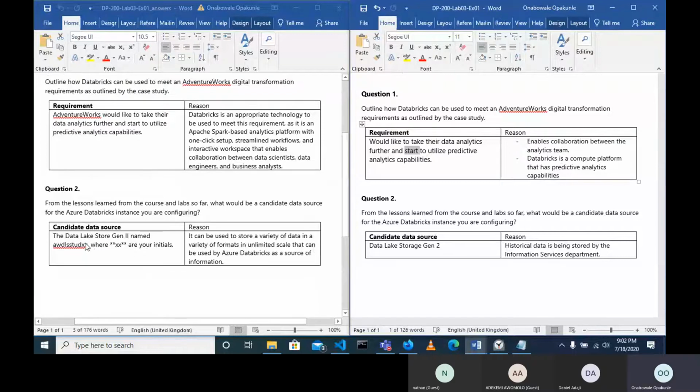So the candidate data store is the Data Lake Gen 2, and it's because it can store a variety of data in a variety of formats in unlimited scale. All right, so you can store a variety of data, that's right. And I think Daniel is also correct because it has really unlimited scale, and I think the query time is actually also very much reduced.